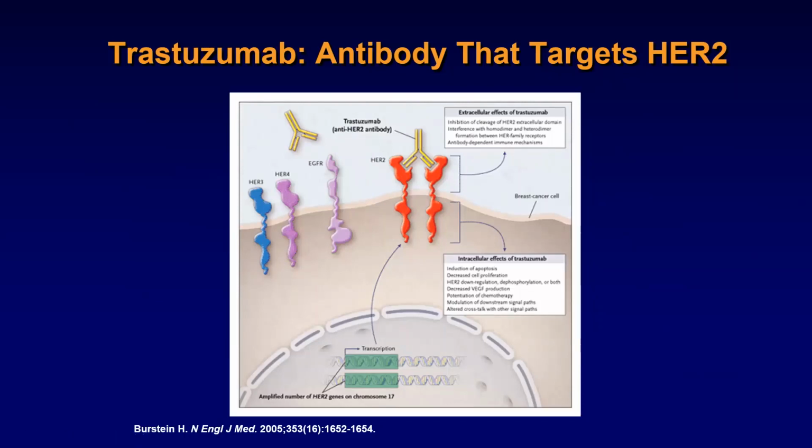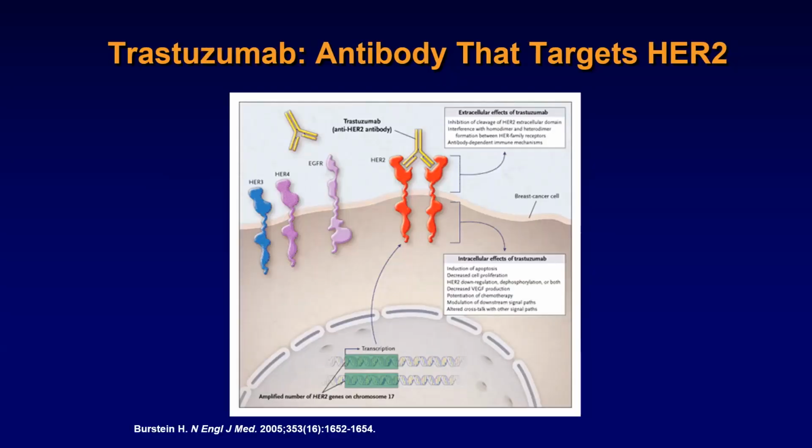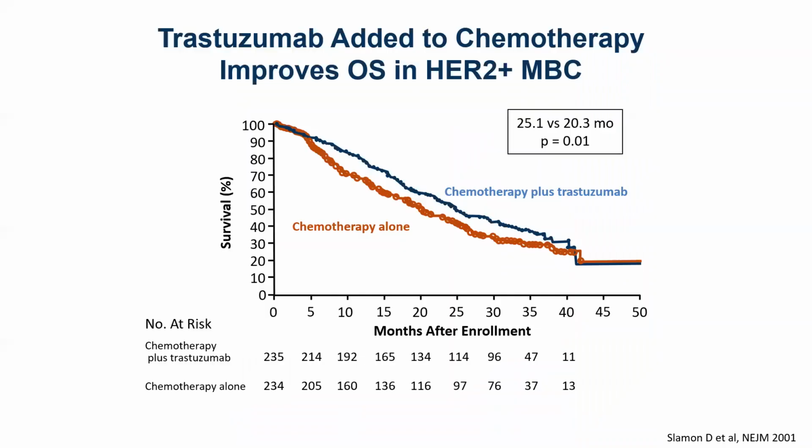So HER2 is a little easier to say. And when this antibody binds to the extracellular domain, it stops the cell from behaving in a malignant fashion. It allows the cell to undergo apoptosis, which is natural tumor death. And it may also incite the immune system to recognize the cancer cells as foreign and kill them.